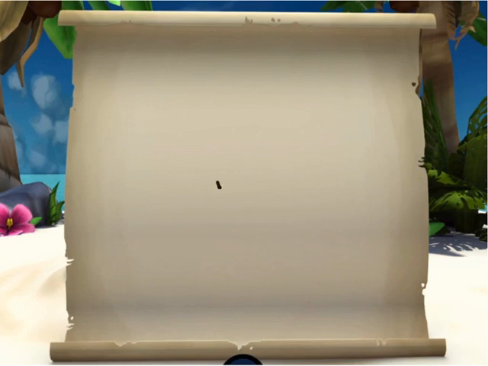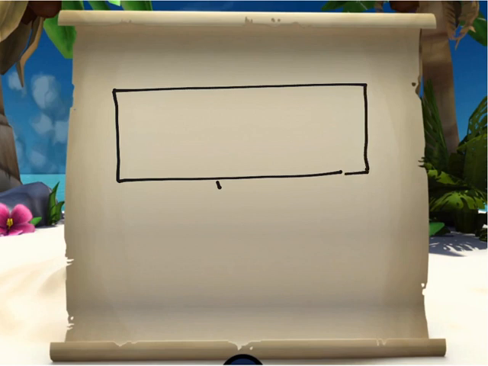Okay, so now let me draw a rectangle. So this is a chocolate candy bar. Okay, what is this? This is a candy bar. So what I want you to do is, you have to share this chocolate candy bar equally among your friends.